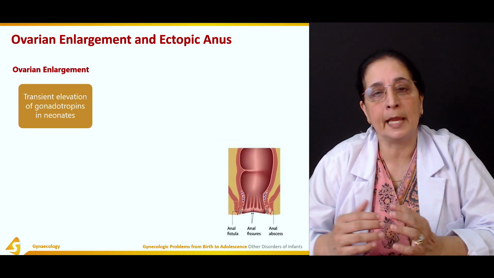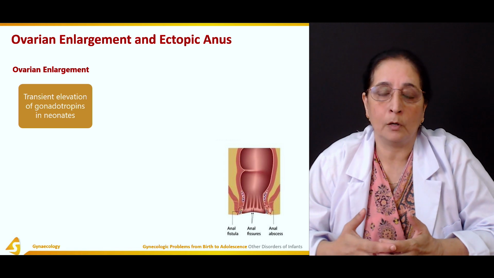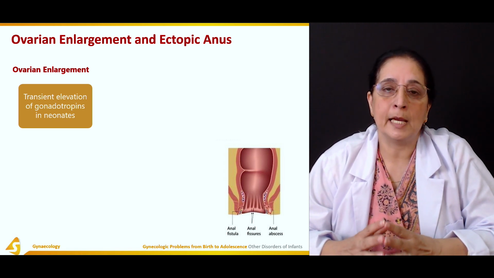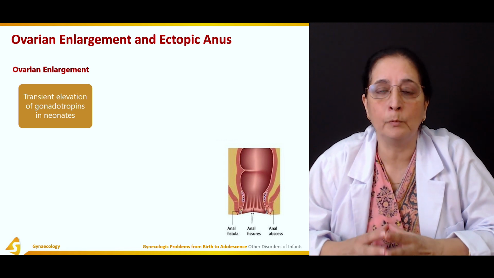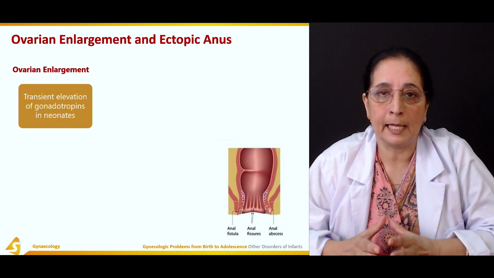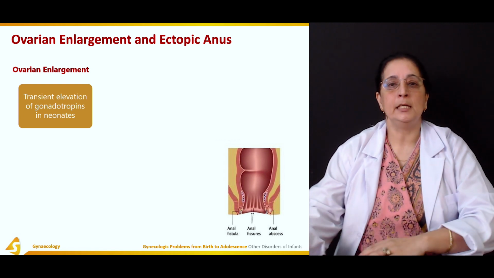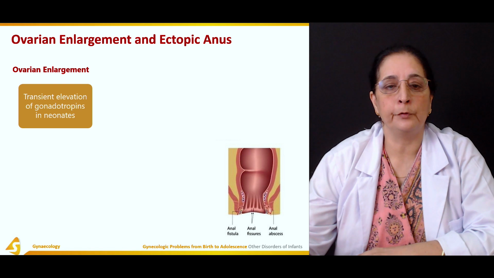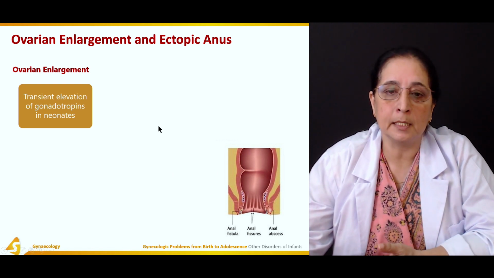Gonadotropic hormones like follicle stimulating hormone and luteinizing hormone are produced as a result of gonadotropin releasing hormone from the hypothalamus that acts on the anterior pituitary, and the anterior pituitary gland in turn produces follicle stimulating hormone and luteinizing hormone.